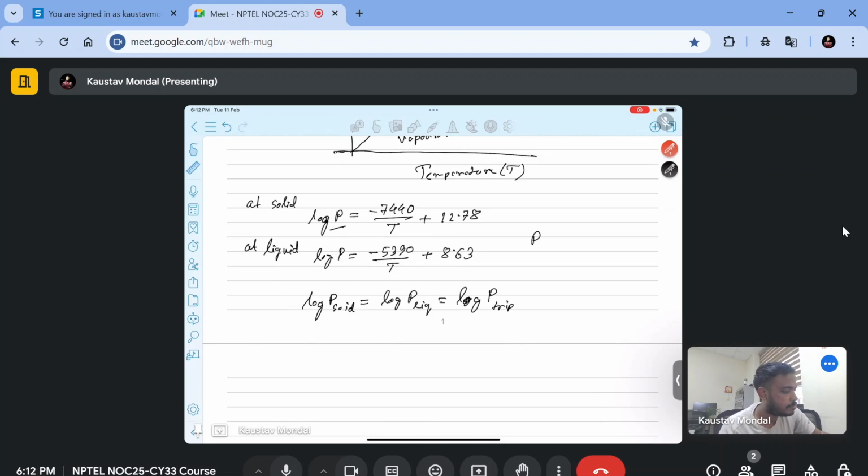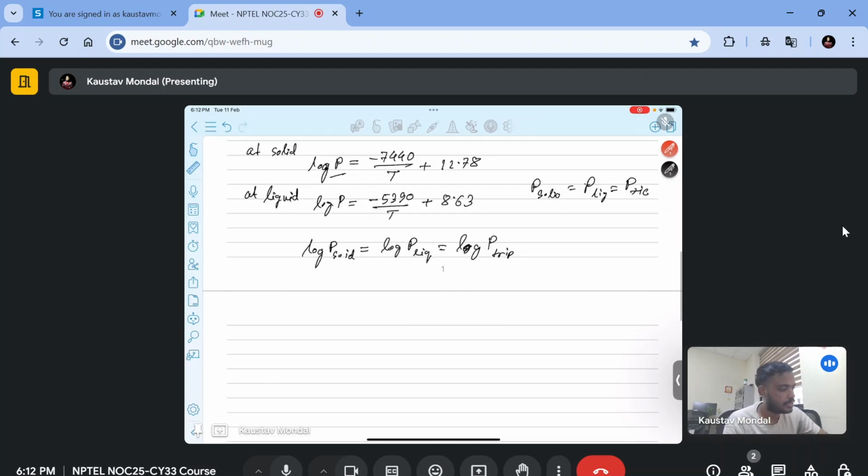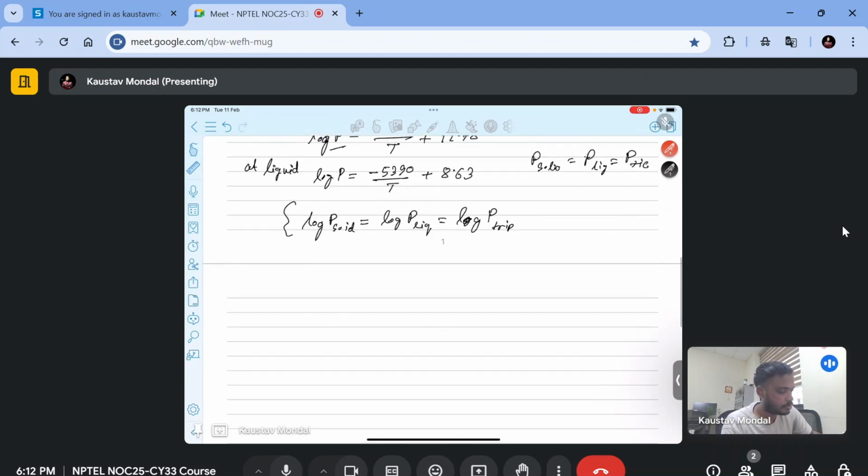Because P solid, P liquid and P triple are equal, so if you take the log of them, the logs should also be equal, right? So from this relation we can write it like this.